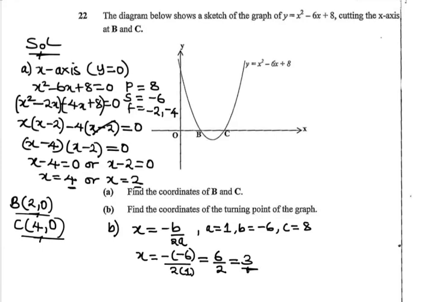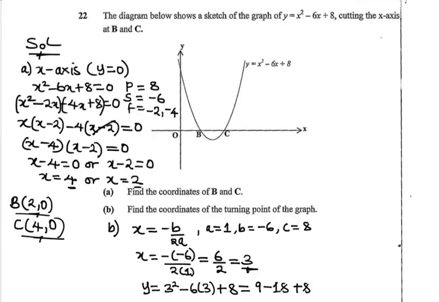To find the value of y at the turning point, we are going to use the equation of the graph given, which is y equal to x squared minus 6x plus 8. So we just substitute the value of x into that equation to get the value of y at the turning point. So y is going to equal 3 squared, then minus 6 times 3, then plus 8. 3 squared is 9, then minus 6 times 3, that is 18, then plus 8.